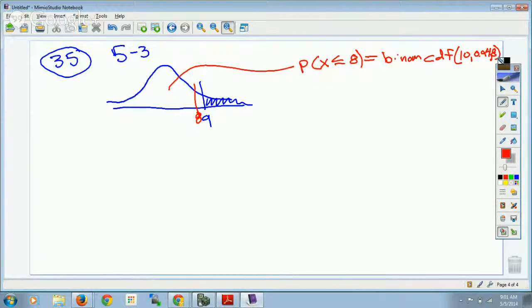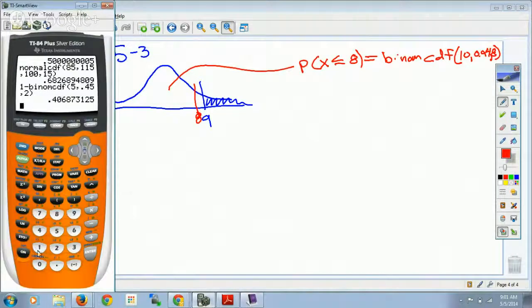So I want 1 minus that probability. So let's grab the calculator, and we're going to go 1 minus the binomial, which is option B for me, CDF. So I'm going to eliminate probability 0 through 8, which leaves only 9 and 10.